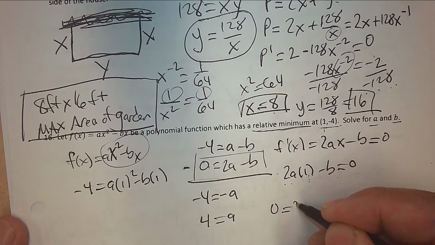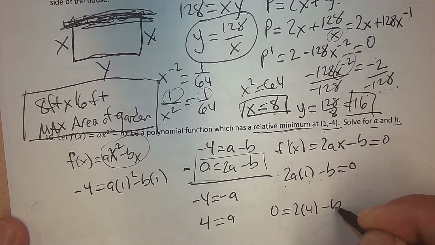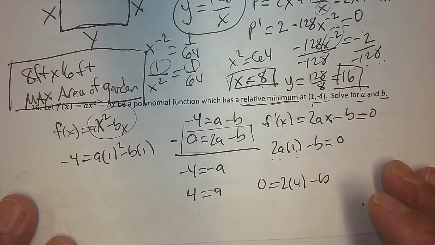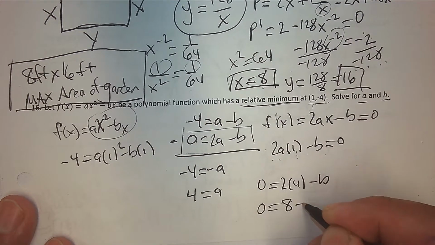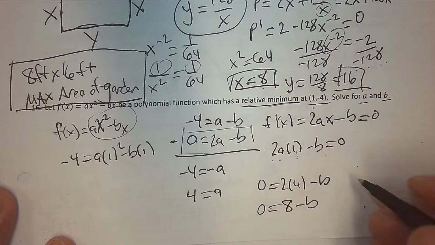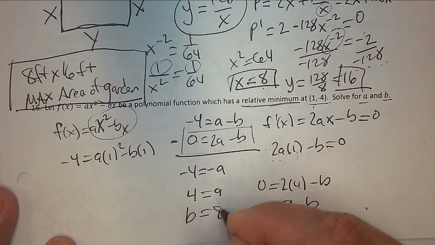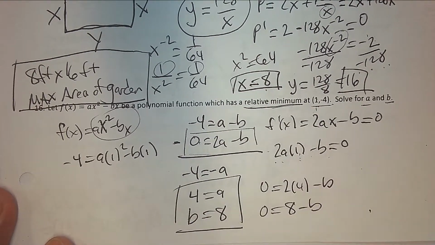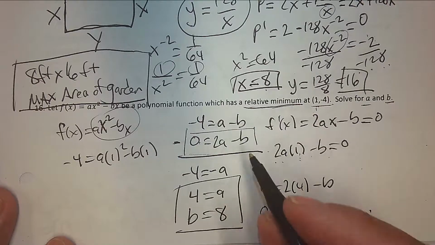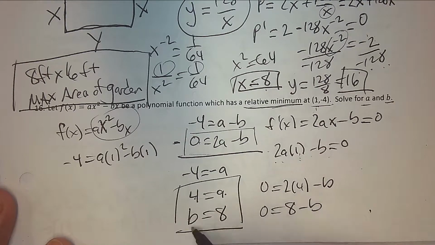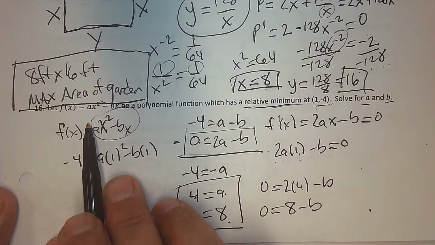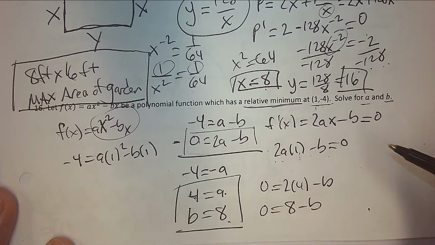So now that you know what a equals, solve for b. I'm going to add b to the other side so you can see b equals 8. So when a equals 4 and b equals 8, that function there has a relative minimum at 1, negative 4.